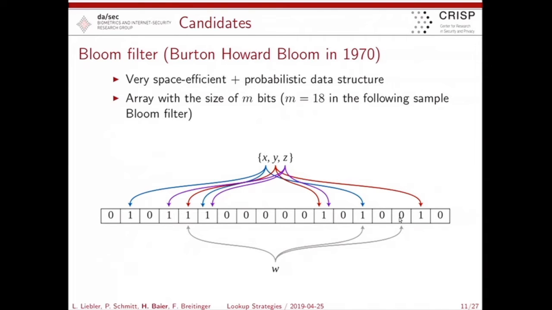But at this position, you see, there is no 1, so this means W cannot be an element of the set. However, if W would match, let's say, this one, this can also happen by this Y element. So a Bloom filter has false positives. It doesn't have false negatives, but it has false positives.